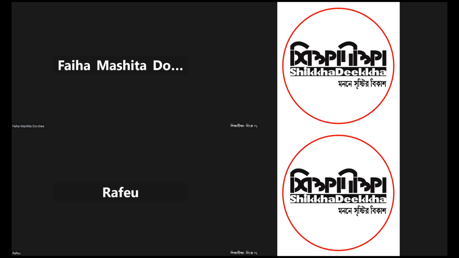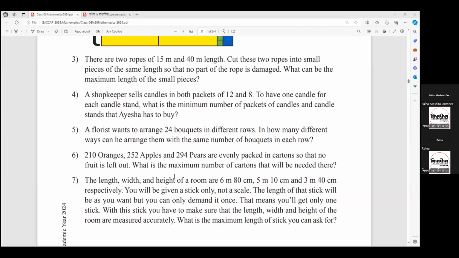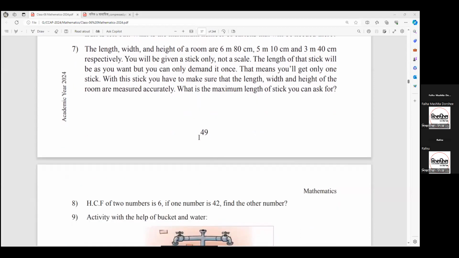Sir, but I have one more question. Sir, I didn't write the questions on my copy, so how can I get them again? Through the recording? Sir, I didn't write the questions that were in the screen share. Why didn't you try the recording? You can, but why didn't you try actually? But these questions are actually in your book at page 49.